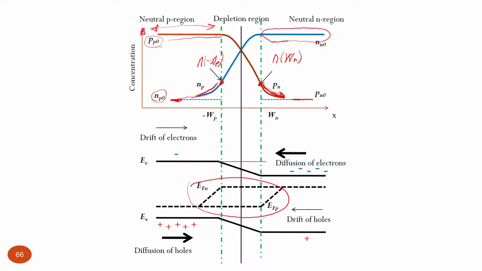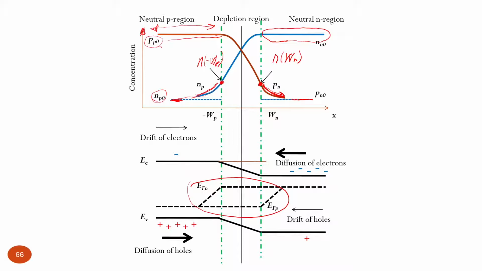a good understanding of processes in terms of band bending, Quasi-Fermi energy level profile, and a qualitative understanding of the charge carrier concentration distribution, specifically minority charge carriers, that's what matters, in the n and p type regions of the p-n junction.